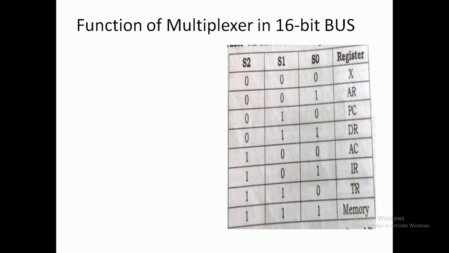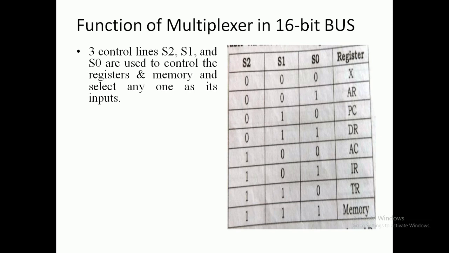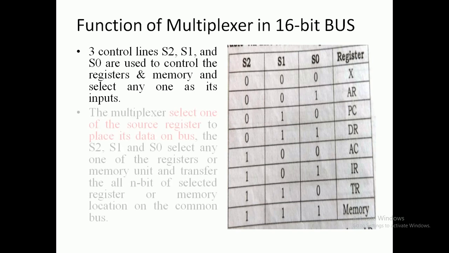Next is the function of multiplexer in the 16-bit bus. We are using this multiplexer for the selection of a particular register or memory and produce the content of that selected memory onto the bus. So we are using these three selection lines S2, S1, S0 and it produces a specific register selection, and after selecting the particular register it produces the content of that register onto the bus. We are using three control lines S2, S1, S0 for controlling purposes.